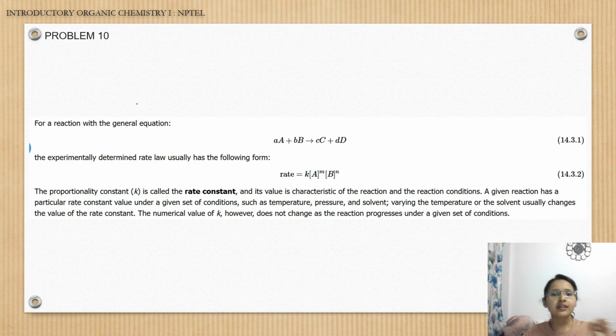See, this is the rate law basically. So here what happens, rate of the reaction is equal to the concentration of A and B, that is the concentration of reactants. If the concentration is getting doubled, then as rate is directly proportional to the concentration of the reactant, you will have double the rate of the reaction.